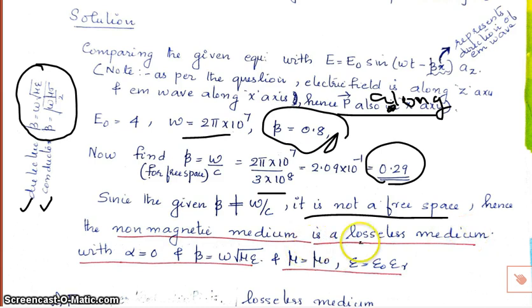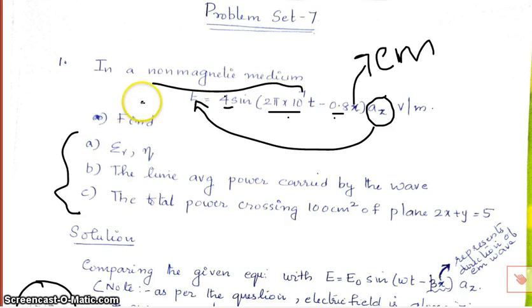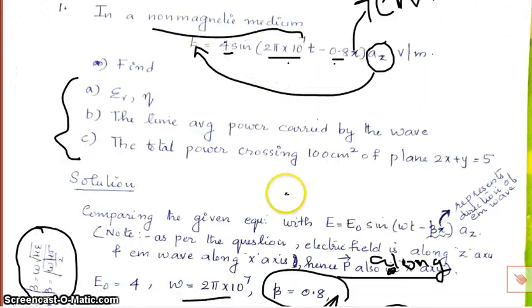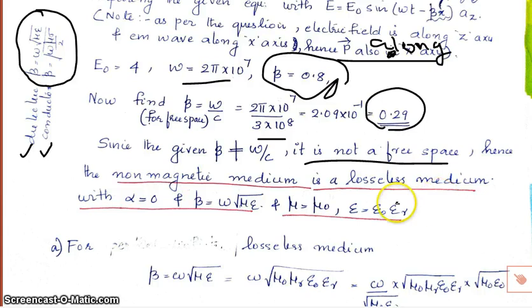Hence a non-magnetic medium is a lossless medium whose beta is equal to omega into square root of mu epsilon, and whose attenuation alpha is equal to 0, because it is a lossless medium. So the conclusion is, a non-magnetic medium is a lossless medium whose attenuation coefficient is equal to 0 and beta is equal to omega into square root of mu epsilon.